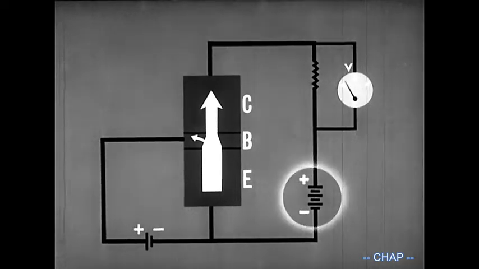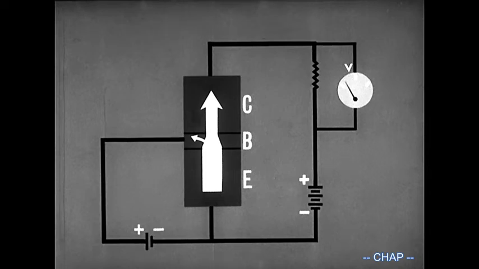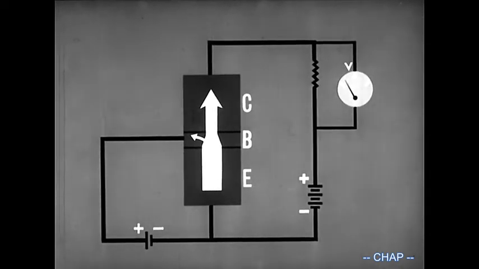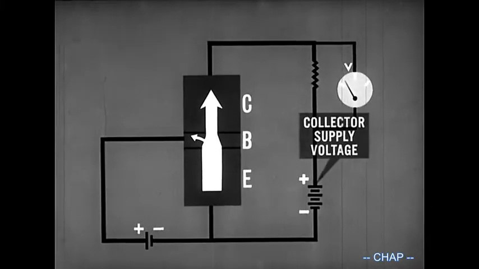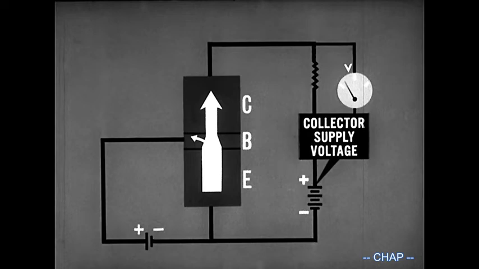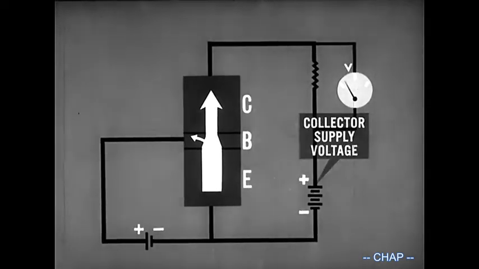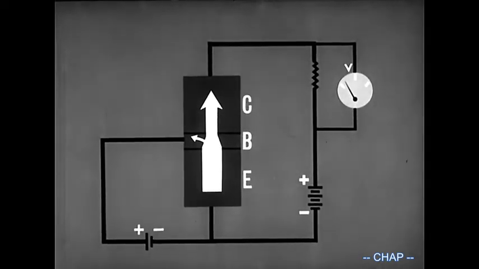But what about the reverse bias voltage? There are 3 points to remember. The first is that the reverse bias voltage is mainly determined by the value of the collector supply voltage. The second is that this voltage source will vary.